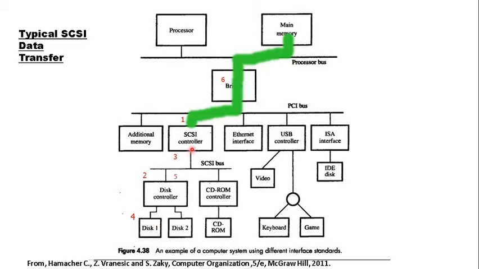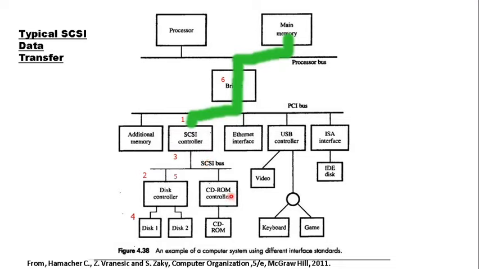So we have the SCSI controller as our initiator and the disk controller as our target. Assume that this SCSI controller is in charge of DB line 6, and this disk controller is in charge of DB line 5. So the SCSI controller's identity is DB6 and the disk controller's identity is DB5.